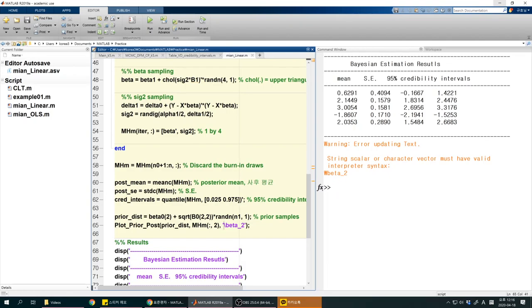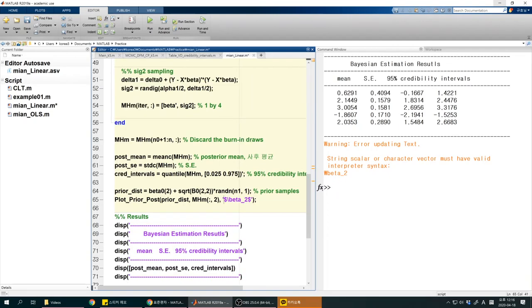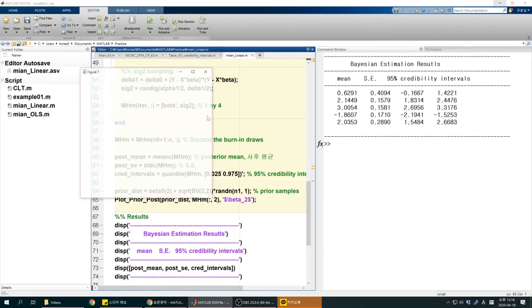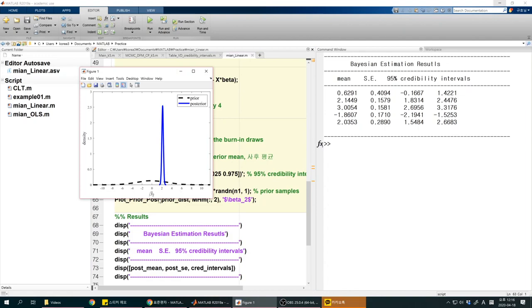You have to put this one and this one here. Now let me run this. Yes, can you see that? Better. Looks much better.